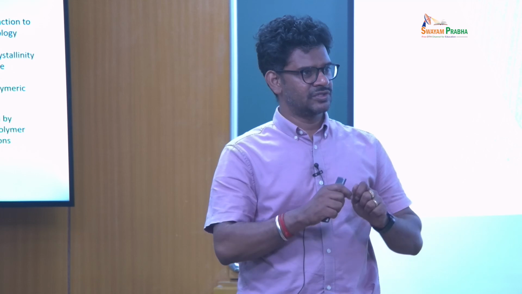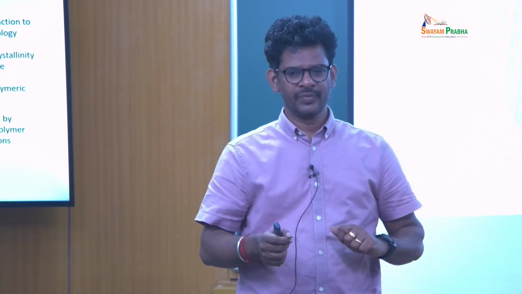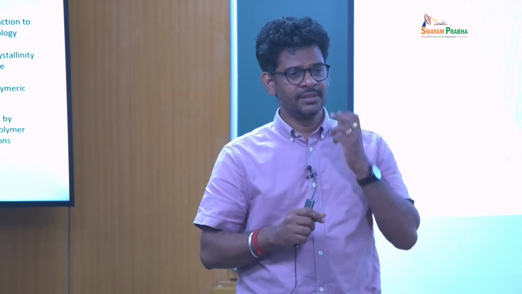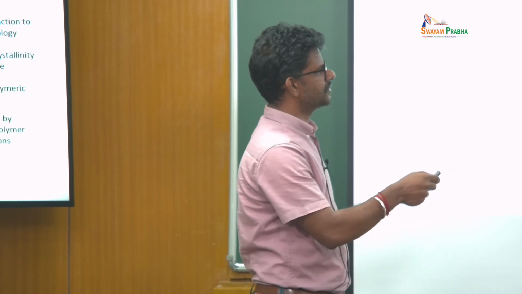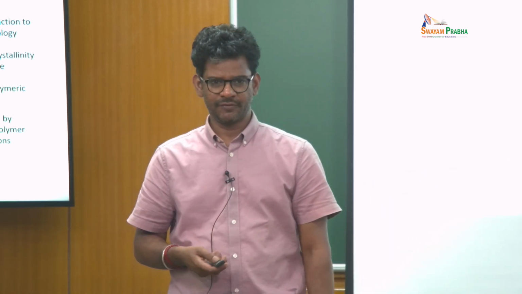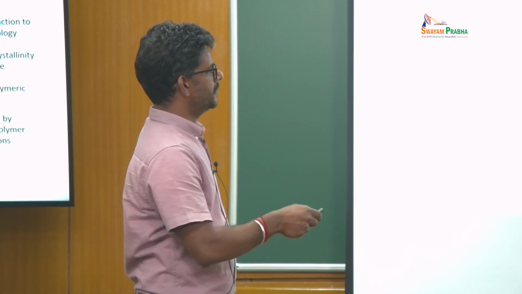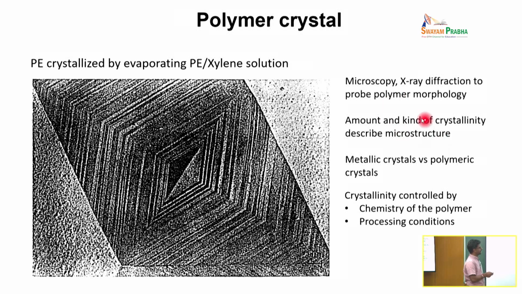Even though we say polymers are long chain molecules, flexible and able to twist and bend, when you try to bring them into a solid state, you can actually pack the molecules in some crystal forms. Okay, so that means we are talking about crystallization of a polymer molecule, right? So we can actually do microscopy and X-ray diffraction to see what the polymer morphology is. And we also speak of crystallinity, so how much crystal, what extent of the molecules are in crystalline form.